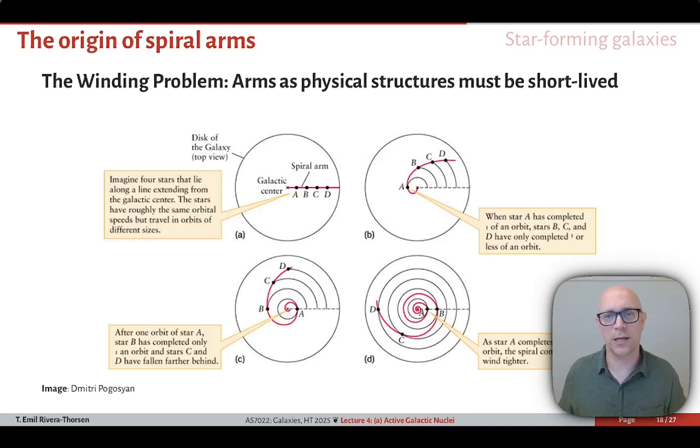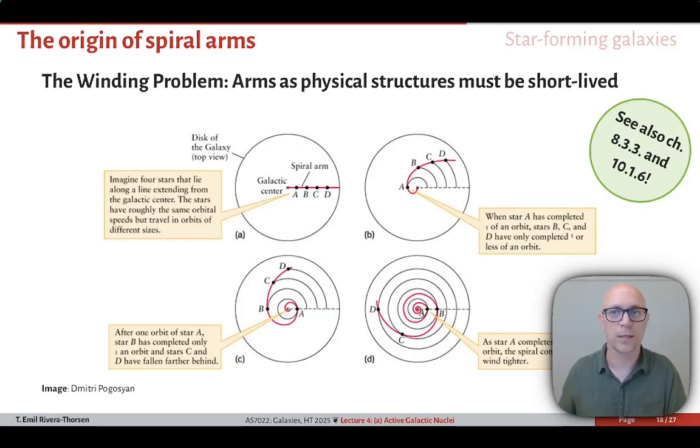But how do you tell at this point that these stars are actually aligned more than any other stars that happen to be in the neighborhood? You don't, is the answer. So clearly the spiral arms are not just physical structures or individual stars that happen to be travel companions. There's something else at play.